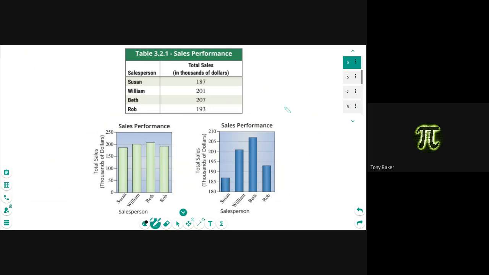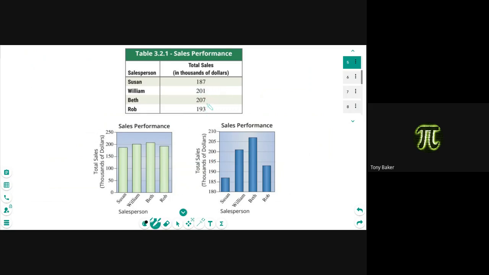So it's that type of situation where you look at bar charts, you can use it to manipulate opinion. If I was HR and I wanted to get rid of Susan, I'm sharing this bar graph. Susan's the weakest performer. Yes, she is. She is the lowest performing salesperson, but she's not that far off from Beth.